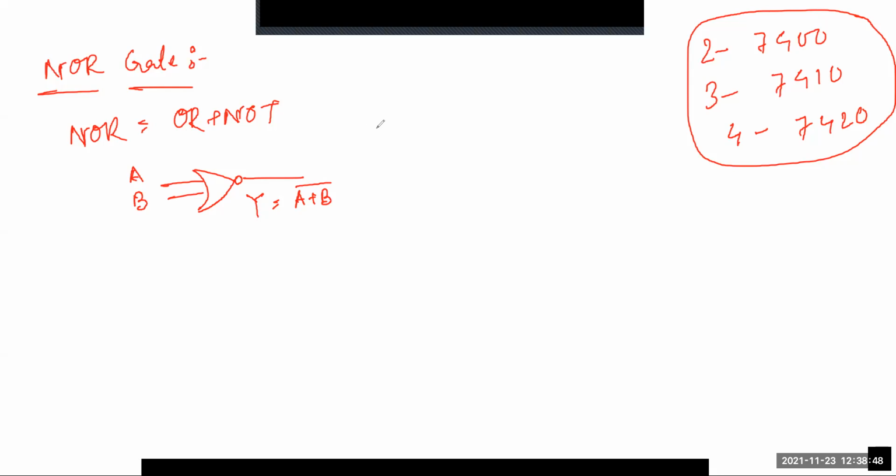So first one is the OR gate. The expression of the OR gate means the addition functionality, so here we are getting A plus B. The output of this OR gate is A plus B. Then this OR gate is followed by a NOT gate.